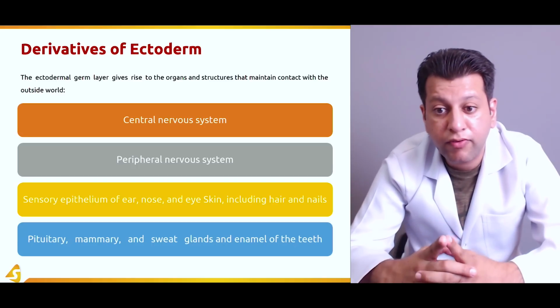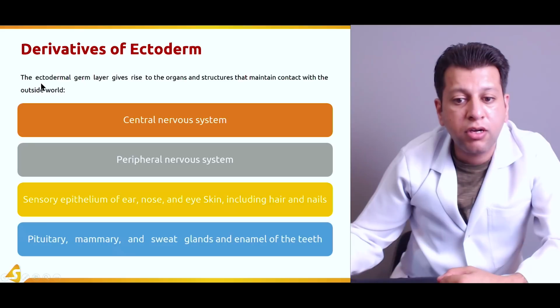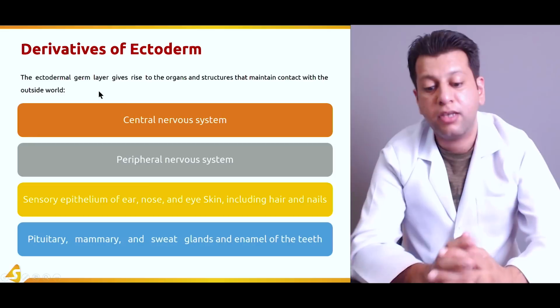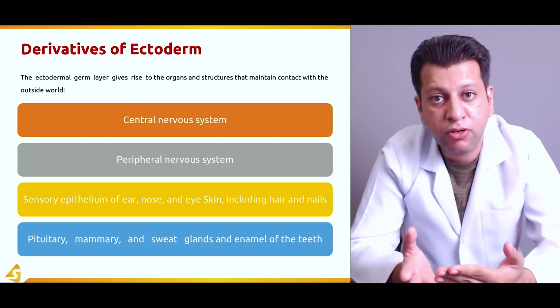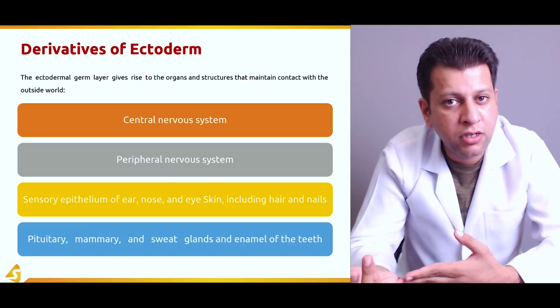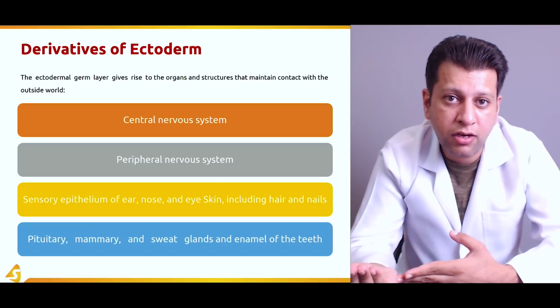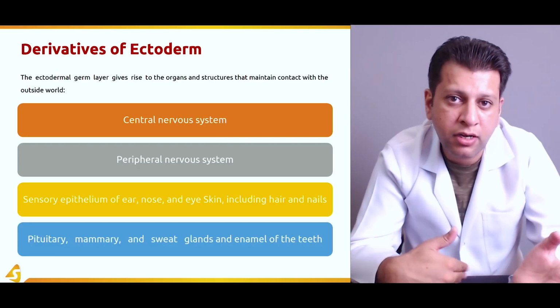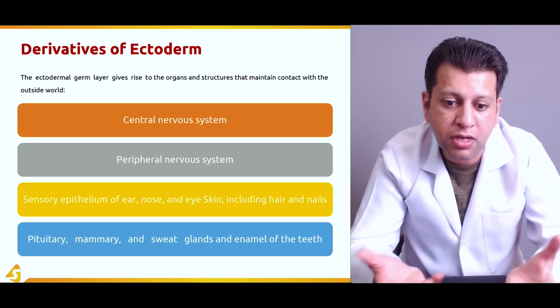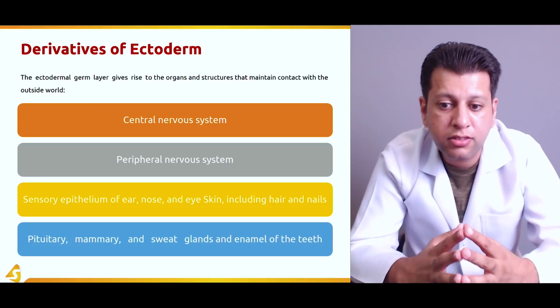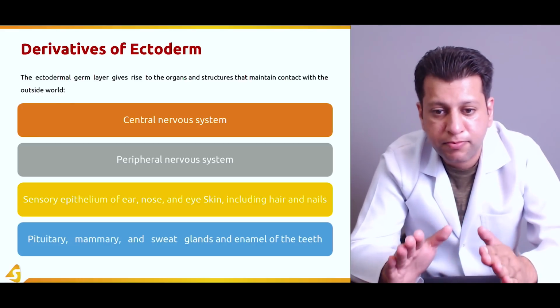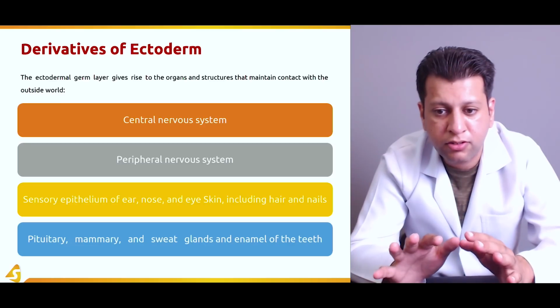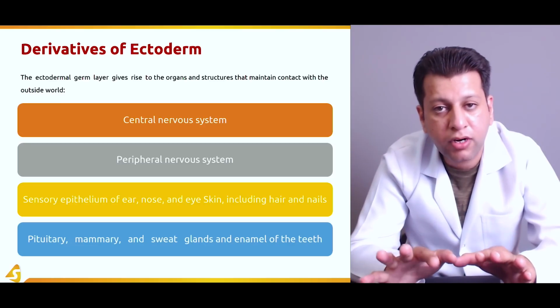Coming to the derivatives of ectoderm. The ectoderm germ layer gives rise to the organs and structures that maintain contact with the outside world. As I have already shown you, ectoderm forms the neuroectoderm, which mainly gives rise to nervous tissue. In this neuroectoderm, there were certain cells which formed the neural crest cells. They migrated to form the peripheral nervous system in the body, and this is just a small summary of the derivatives.